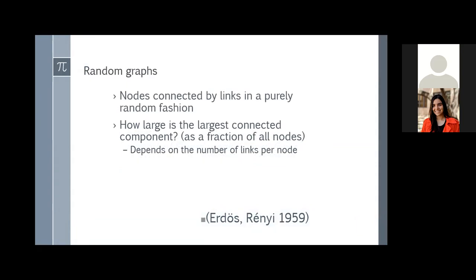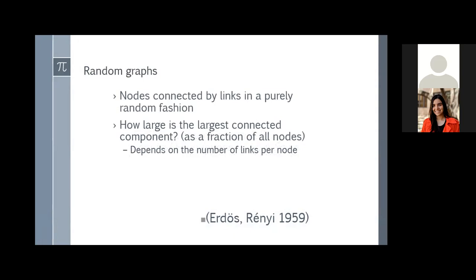Okay, so the tool for the study of complex networks is random graphs. A random graph is a model proposed by Erdős and Rényi, Hungarian mathematicians, in 1959, and actively studied during the 80s and 90s.